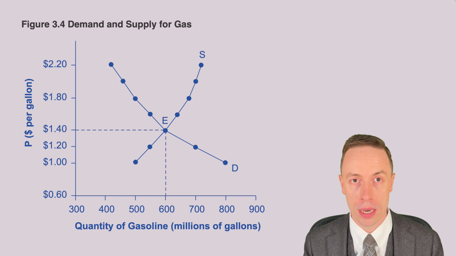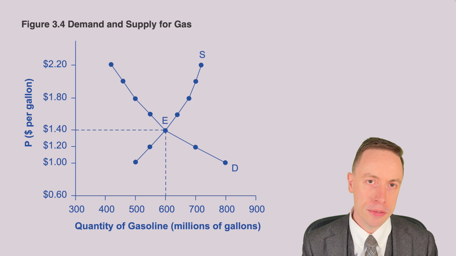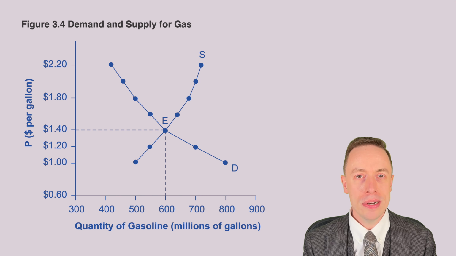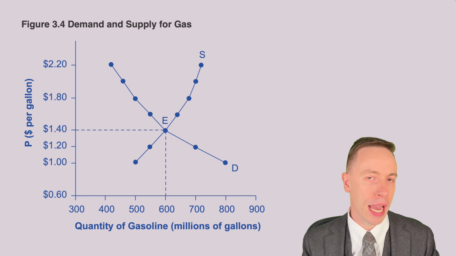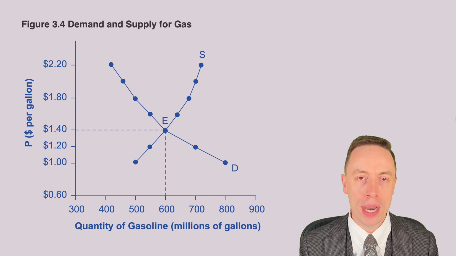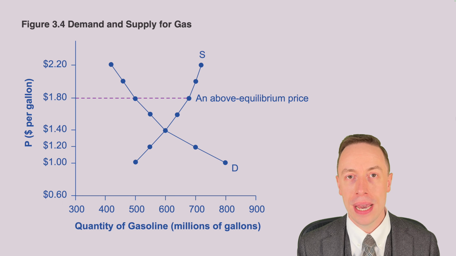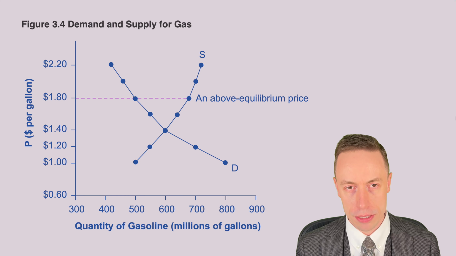Now, on some level, that's probably intuitively appealing, but let's talk about why markets tend towards this point. And I think the easiest way to talk about that is to ask ourselves, well, what if the market isn't in equilibrium? What if, for example, the price of the product is all the way up at $1.80?